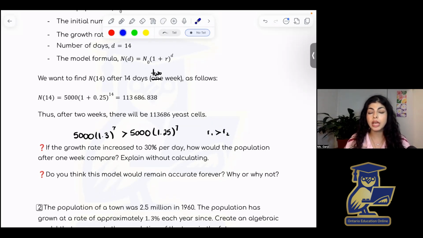There's many factors in the environment, including temperature, anything that the lab technician or whoever's dealing with the population, things that they can do to affect that population. So this can be an estimate and it can model our population for a period of time, but perhaps in real context, it would not be accurate forever.